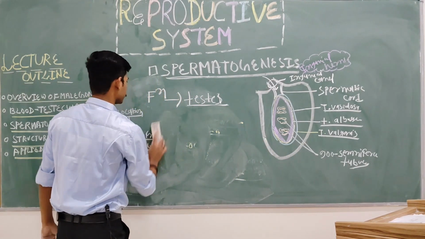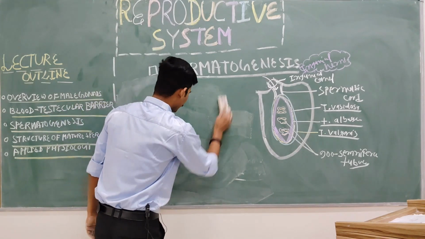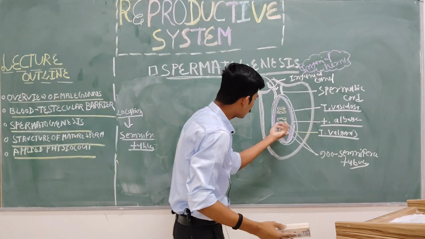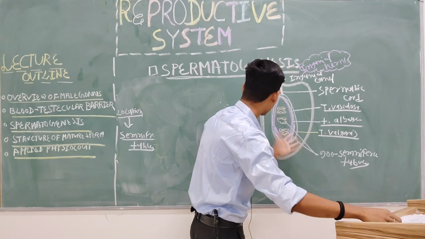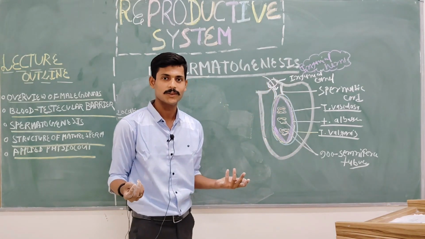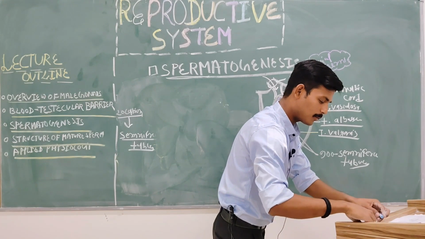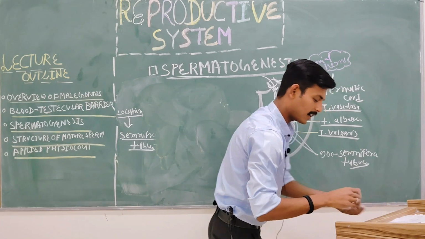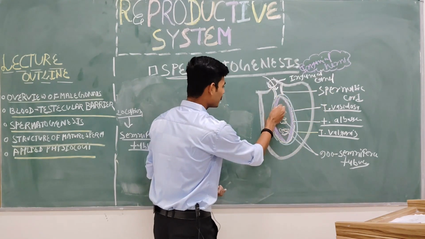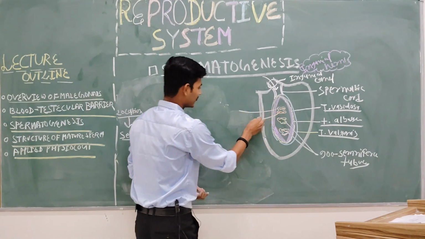Now, as you are seeing, this is only a small tubule-like structure. How can it form sperm? You have to magnify it.